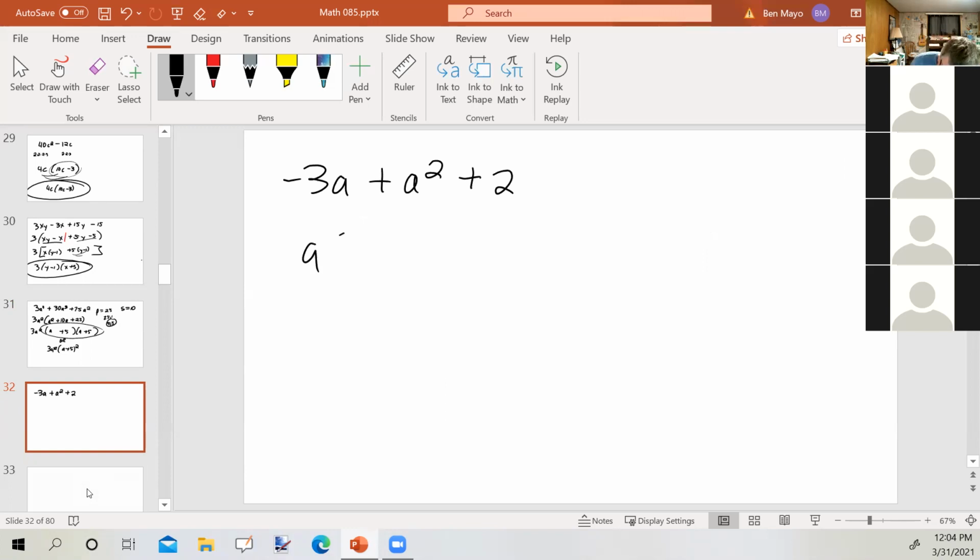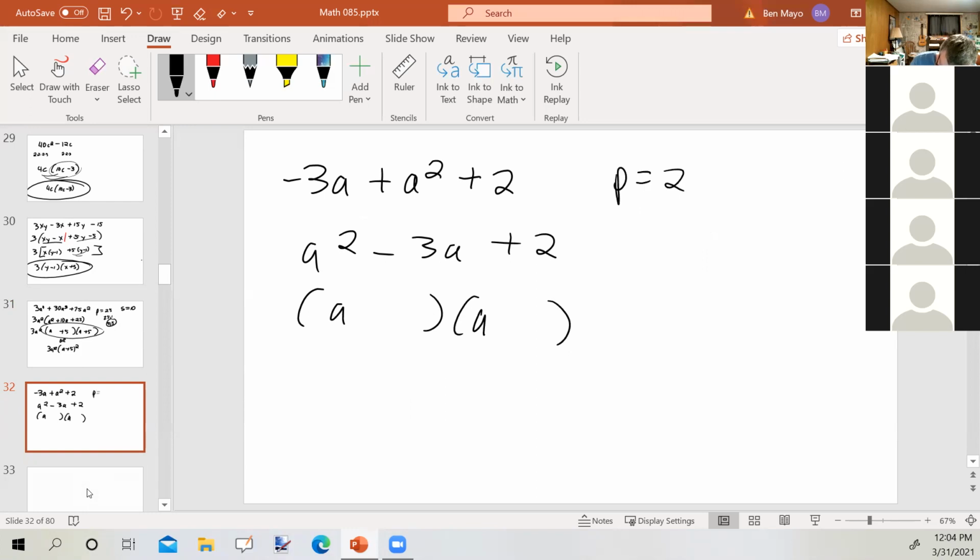So we'll rewrite it. A squared minus 3a plus 2. I'm going to break it apart with an a, and the product is 2, and the sum is negative 3. Positive product, 2 positive or 2 negative factors, negative sum, got to have 2 negative numbers. How about negative 2 and negative 1? There you go. Minus 2, minus 1.